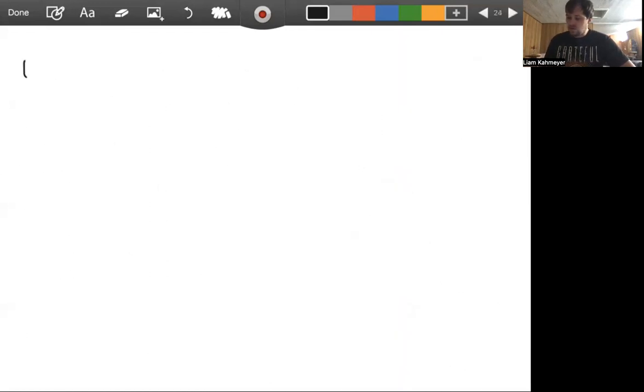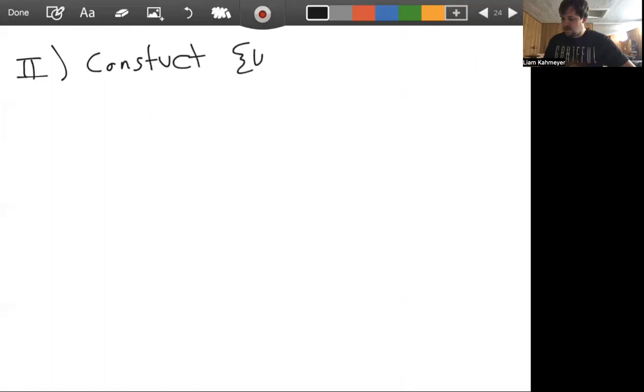But then to get an orthonormal set with the same span, we construct W1 through Wn as follows.